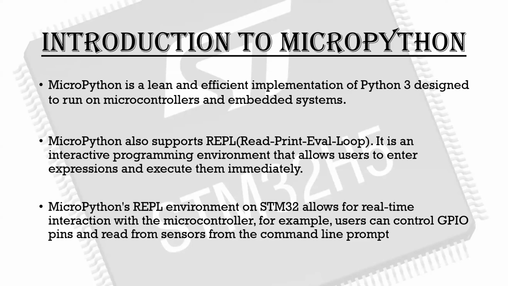So MicroPython, basically, is a lean implementation of Python 3. We don't call it a subset of Python 3, but a lean and efficient implementation of Python 3. The reason is it has some added features which are not there in Python 3, because it is going to run inside the microcontroller and interact with the hardware.